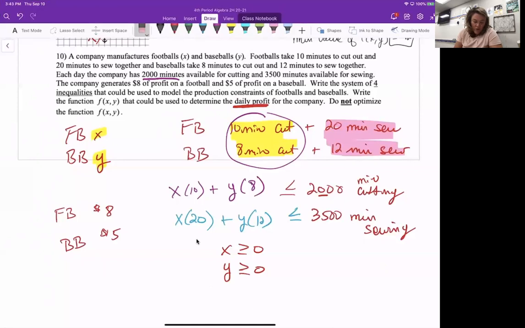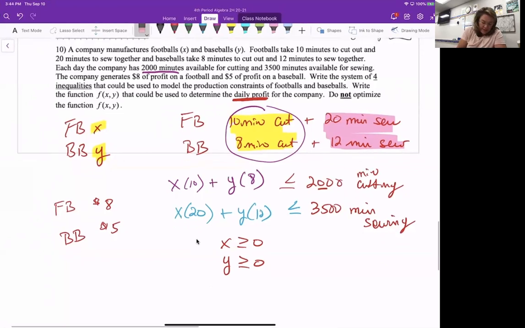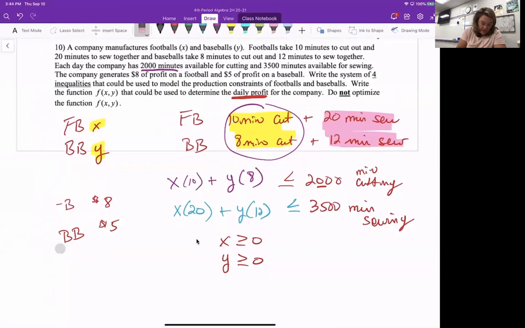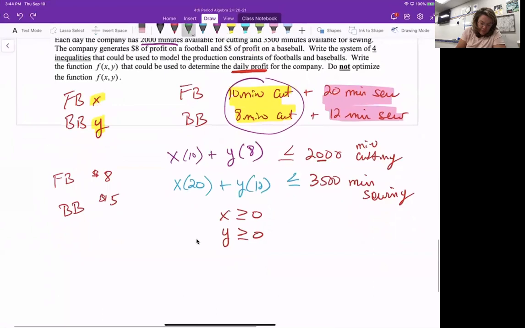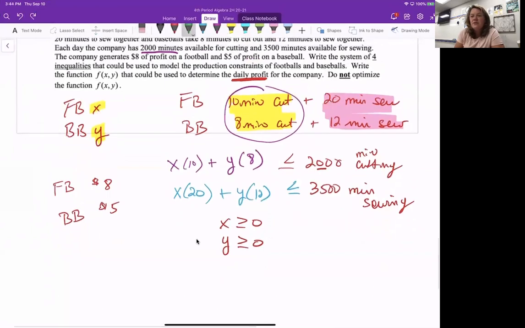Now, we want to set up a function to maximize. What are we trying to maximize? Our profits, which depend on the number of footballs and baseballs sold times the profit per each.